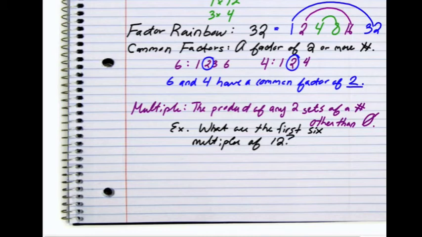Well, the first multiple of 12 is 12, and then 24, and then 36, and then 48, and then 60, and then 72. These are the first, second, third, fourth, fifth, and sixth multiple of 12.